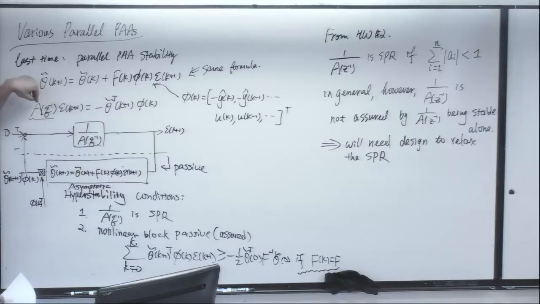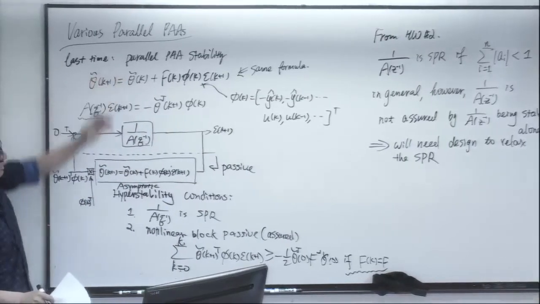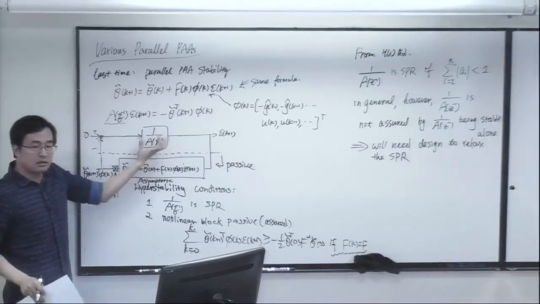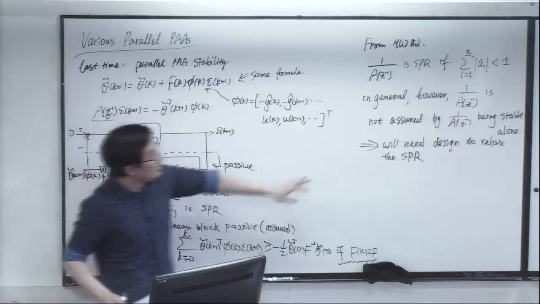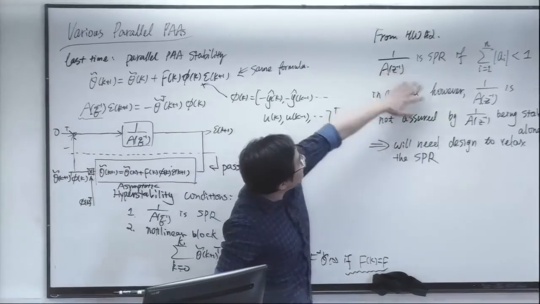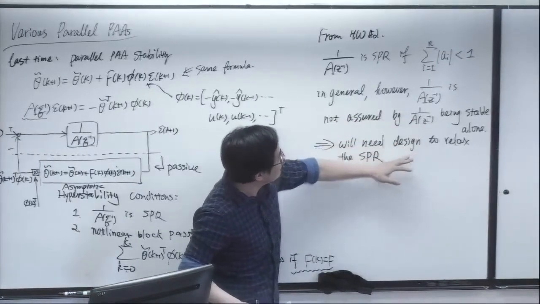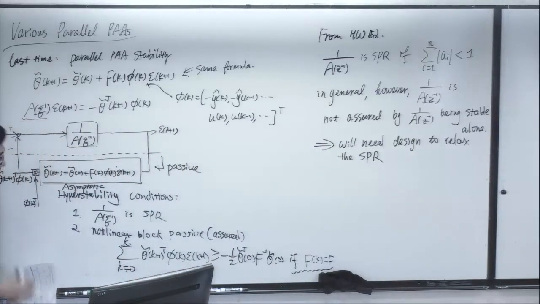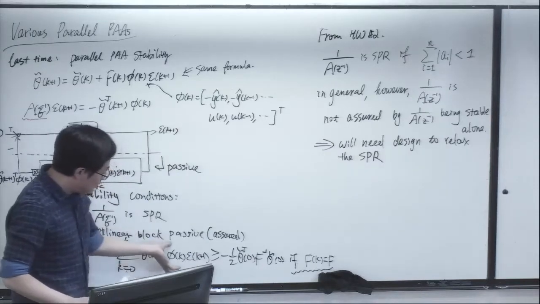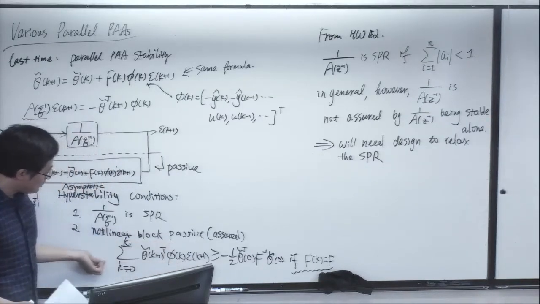We can add a few more things into the PAA so that this LTI block will be something different, not just with the A in the denominator. Then we can make the SPR condition a little bit easier to satisfy. That's the first thing that we will cover today. Second is this piece over here.